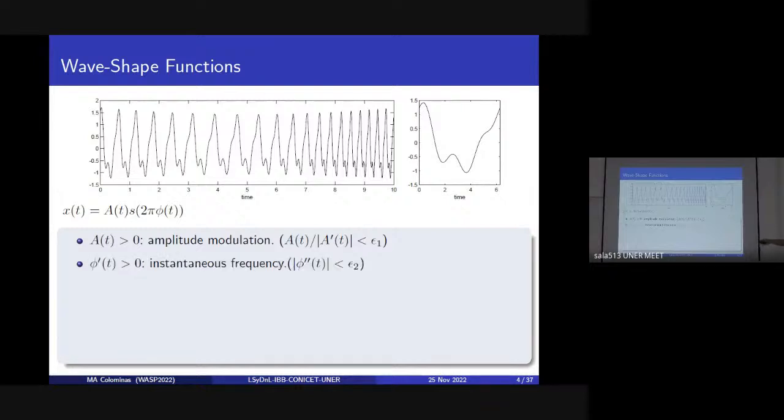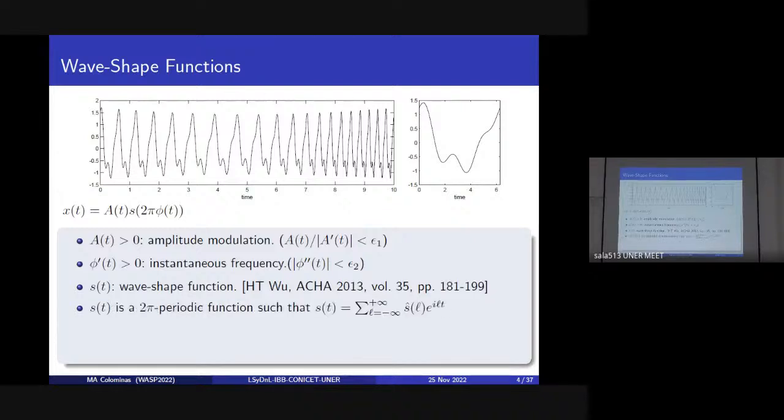And we want the instantaneous frequency to be positive, with the second derivative also normally bounded. And finally, we will have this wave-shape function, which, as I said, replaces the cosine function in a classical AM/FM oscillation, but we will describe it as a 2-pi periodic function.